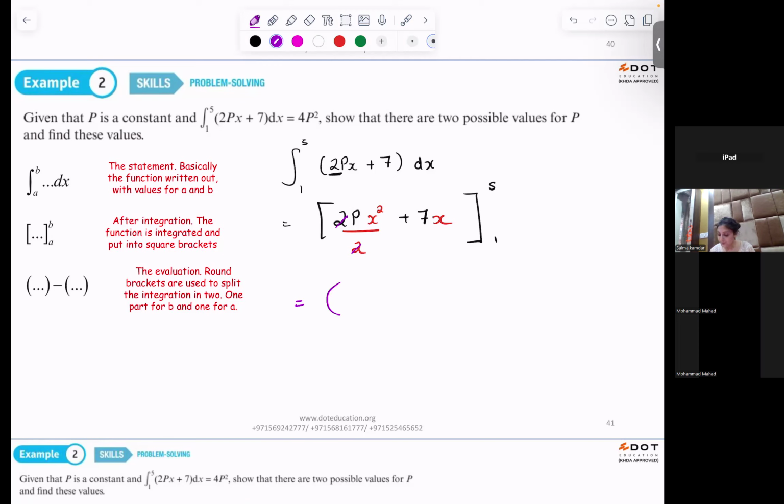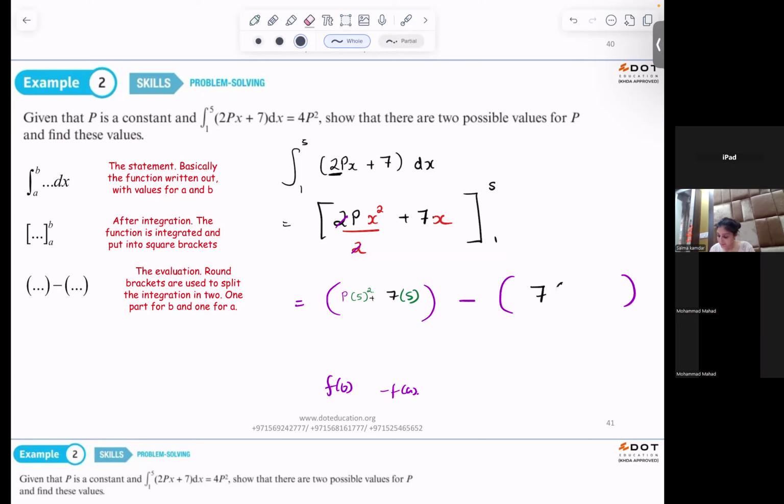Now what will I do? Now you'll do f of b minus f of a. So I have my first bracket, that is px square. I'll write it as p times 5 square, plus 7 into 5.